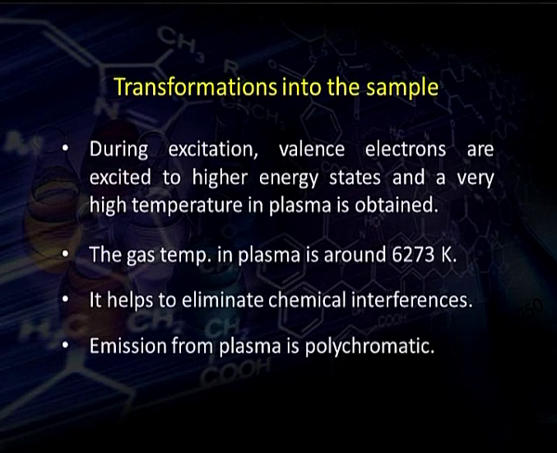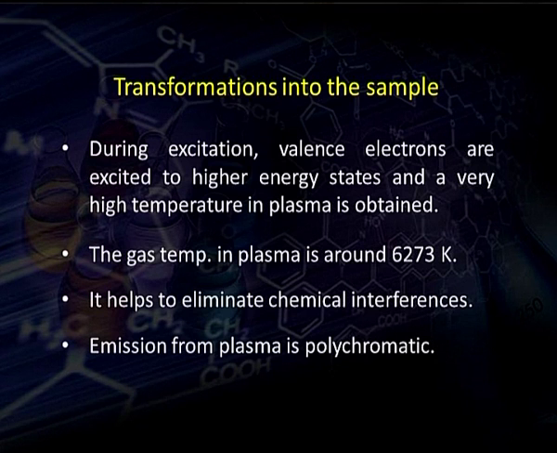During excitation, the valence electrons are excited to higher energy state and a very high temperature in the plasma is obtained. The gas temperature in plasma is around 6273 Kelvin.